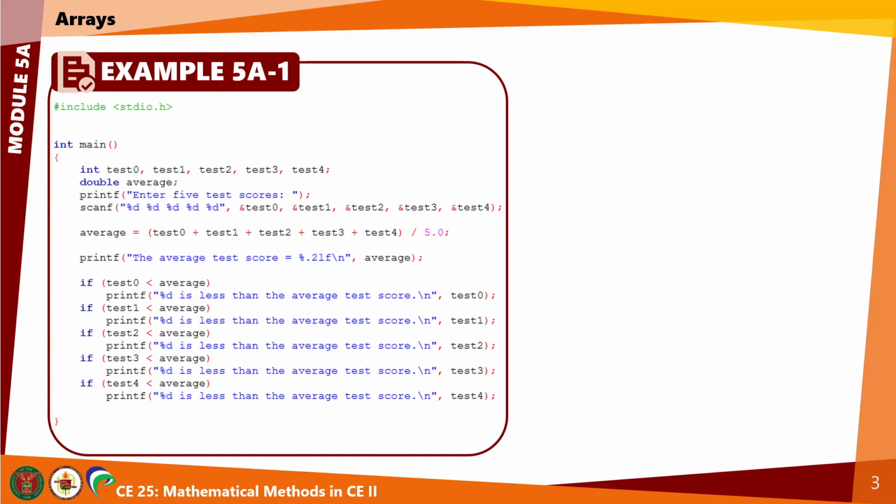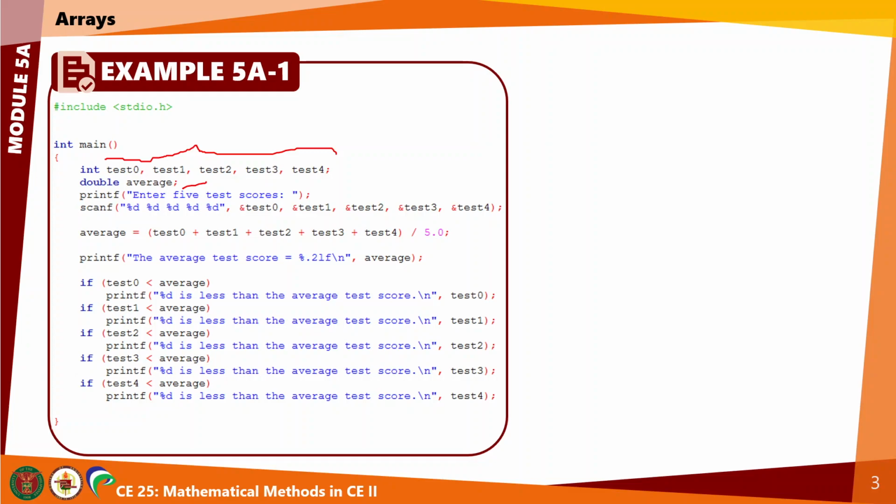Let's look at this example 5a-1. As you can see from this program, there are five declared integer variables, test 0 to test 4, and then a double variable named average.